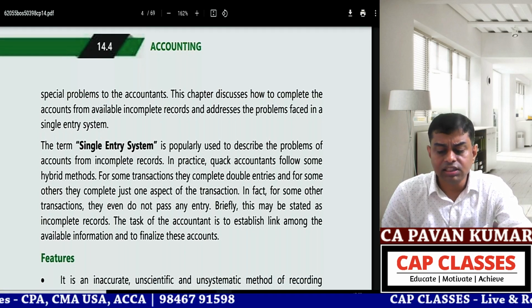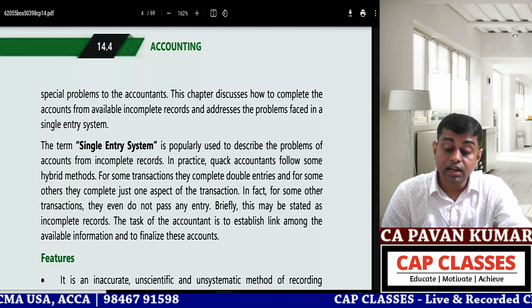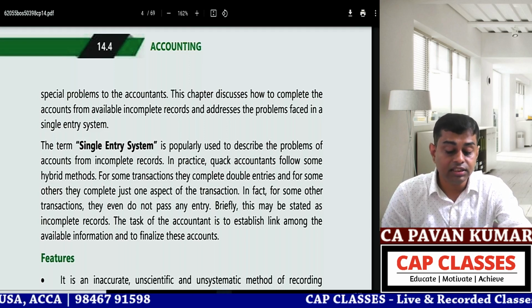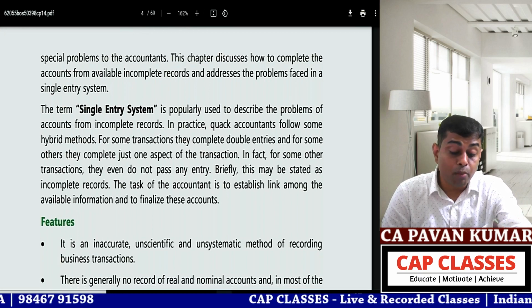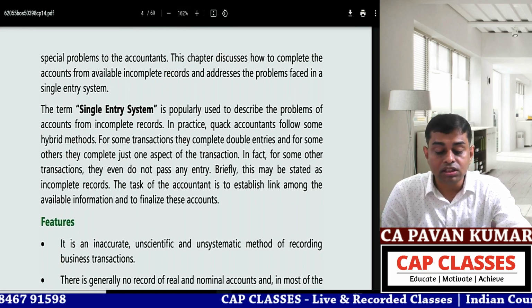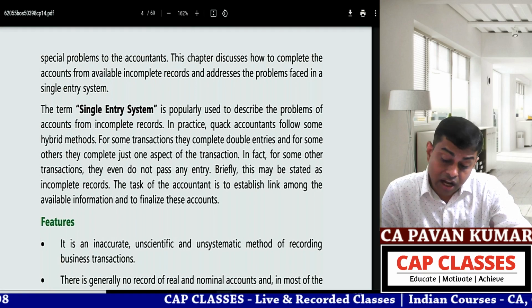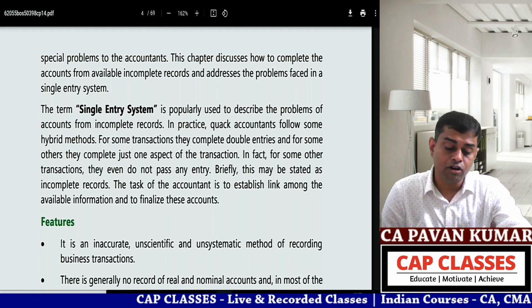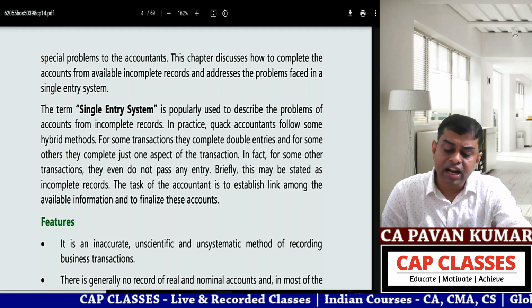This chapter discusses how to complete the accounts from available incomplete records and addresses the problems faced in a single entry system. The term single entry is popularly used to describe the problems of accounts from incomplete records. In practice, accountants follow some hybrid methods. For some transactions, they complete double entries, and for some others, they complete just one aspect of the transaction.